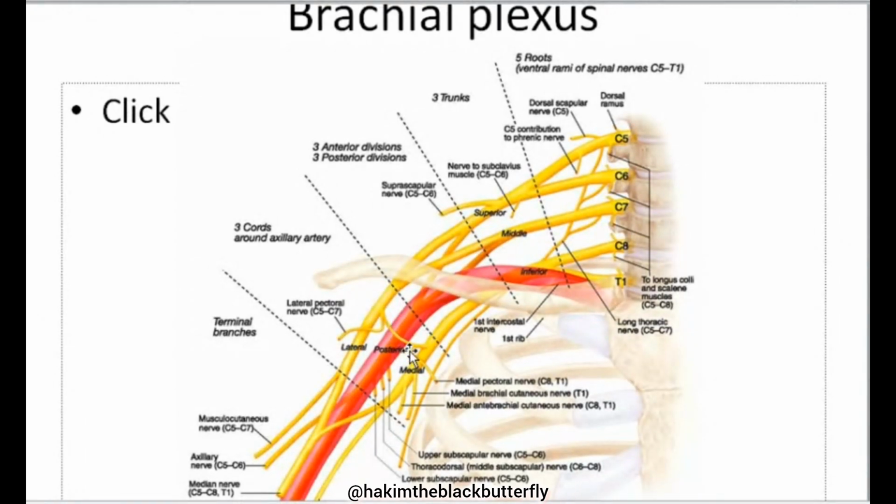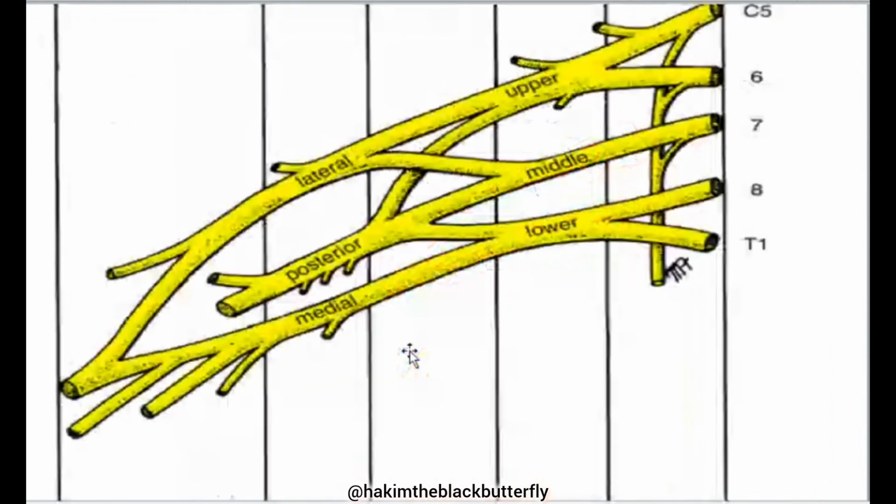Let us see a simplified illustration as we continue to study the brachial plexus. This is a simplified illustration, and when you go to your textbook known as Snell, you will see it. C5 to T1 are the roots.